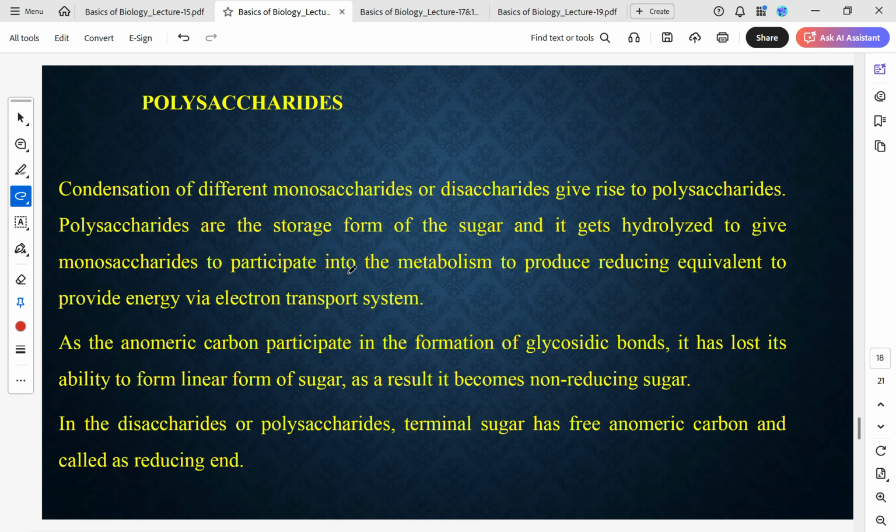These polysaccharides, if needed, can be brought out of storage and hydrolyzed to give rise to monosaccharides to participate in metabolism. Examples of polysaccharides are starch. Sugars are usually stored in the form of starch, and this starch can be broken down to form glucose and fructose later.